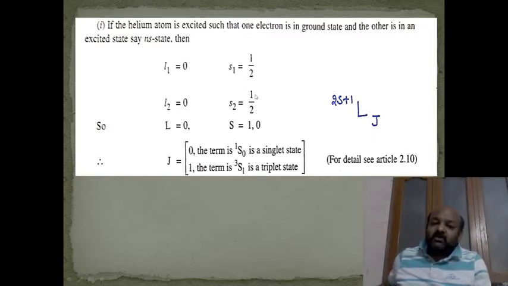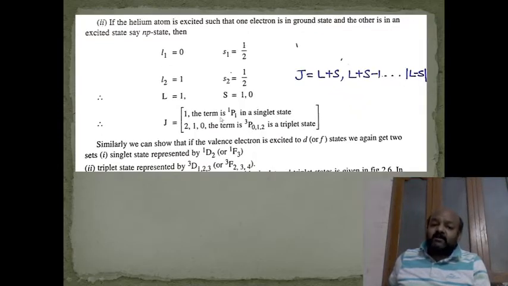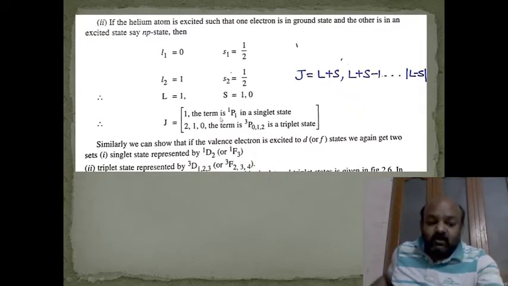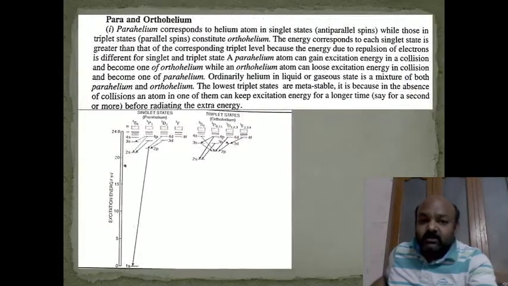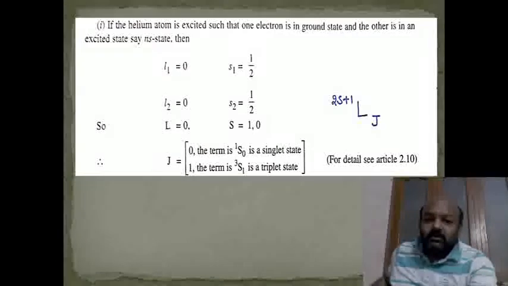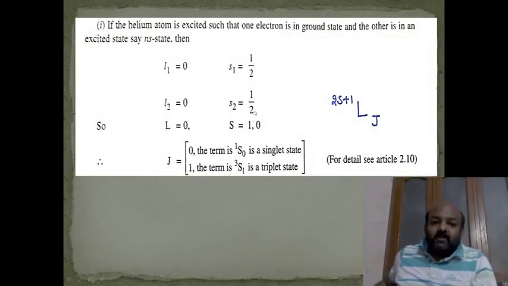When we apply coupling S1 plus S2, it is half plus half, 1. Subsequently we go on decreasing by 1. 1 minus 1 is 0. So it has two S values.